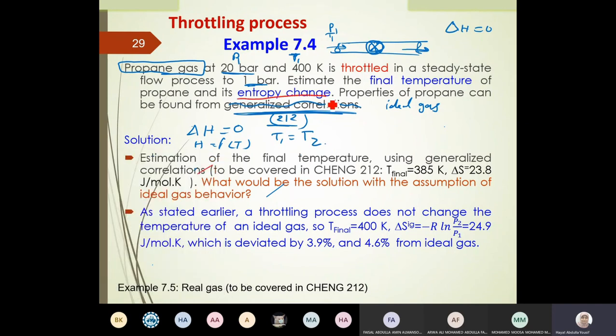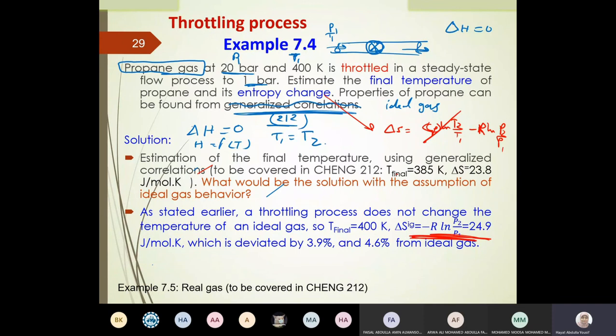But I have no problem, and if I know that the temperature will not change and it's ideal gas, entropy change is simply Cp ln T2 over T1 minus R ln P2 over P1. Of course that term will be cancelled out because the temperature is not changing. And here it's only R ln P2 over P1, and that's why I did the calculation here straightforward and I got the value of entropy change.